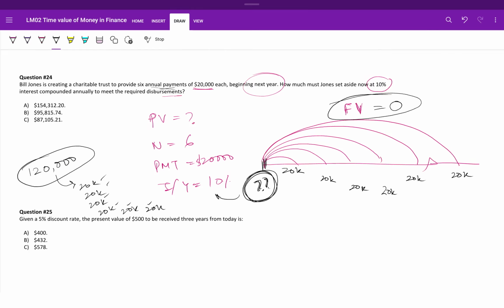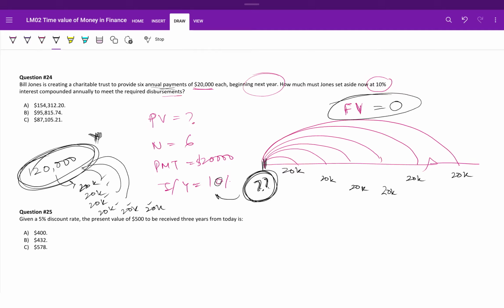Now, if I'm given an interest rate, let's assume X percent, it's going to compound itself and help me with these payments. At the end of the first year, there is going to be an interest payment, and I'm going to take out 20K. First installment I have taken out.